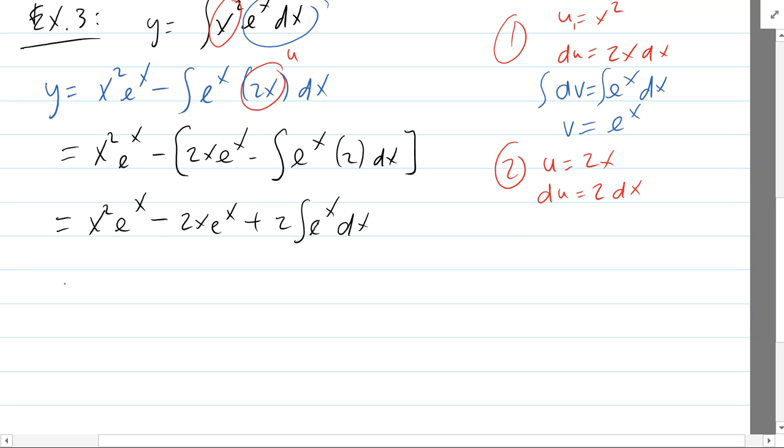And what does that equal? y equals x squared e to the x, which is the first term, minus 2x e to the x for the second term. And then what's the antiderivative of e to the x? So it's 2e to the x plus c.